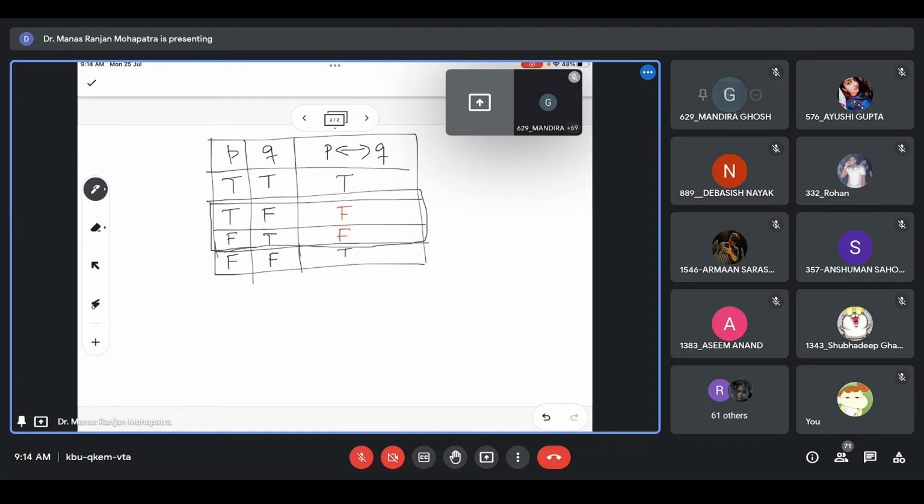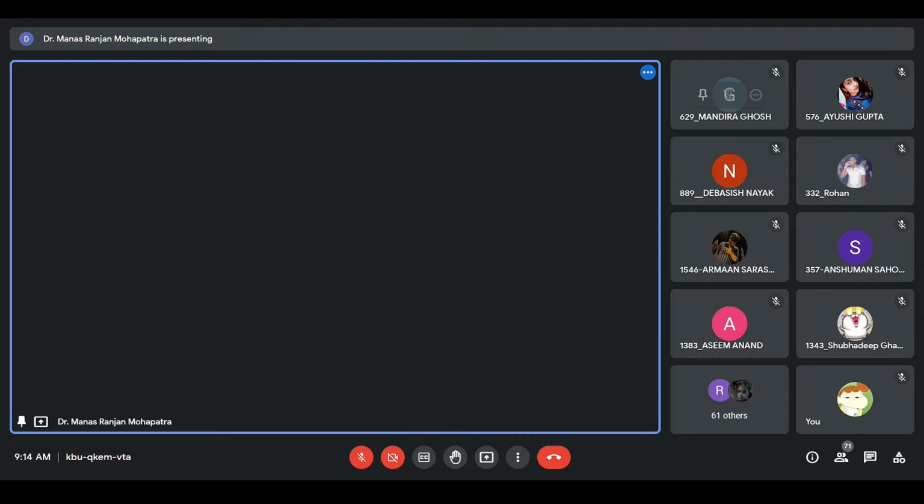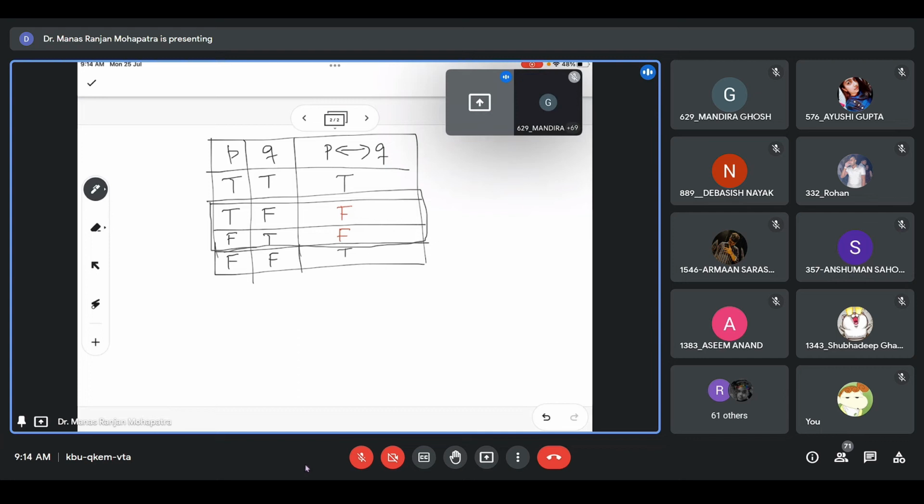Okay. As I told, we use if and only if for representing a biconditional statement. But in general practice, we do not use if and only if in the general English language, unless it is a mathematical statement. For example, suppose I'm saying something: if you finish the dinner at the table, then you can go for the dessert.